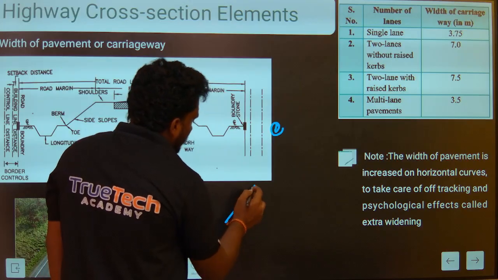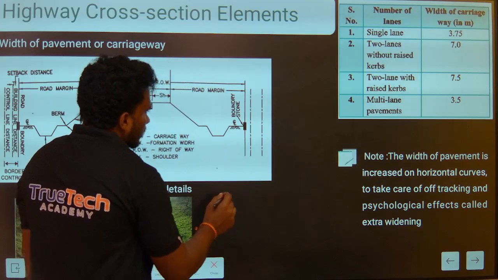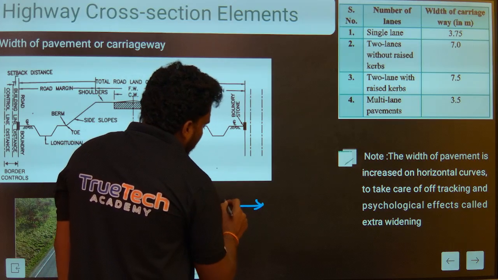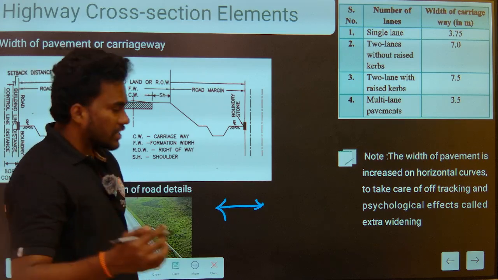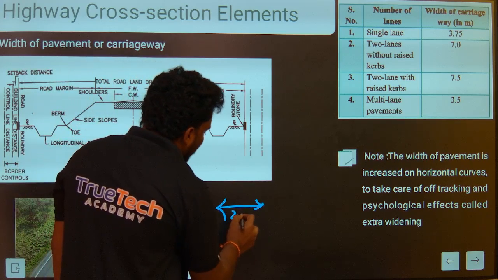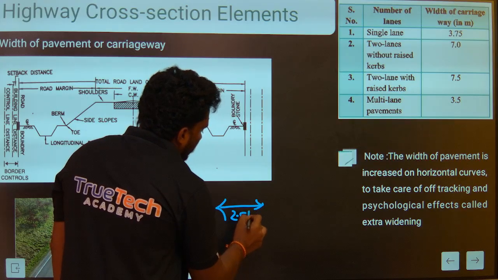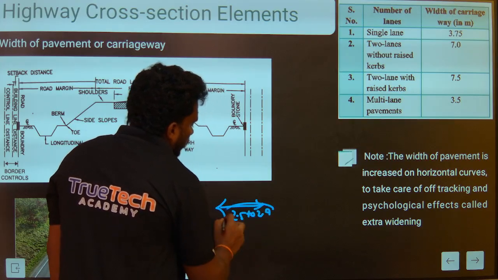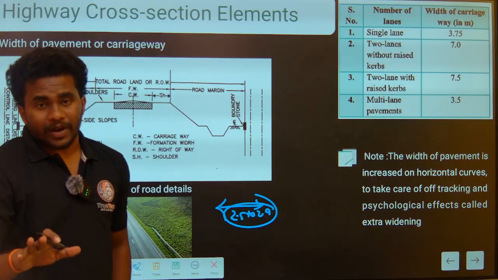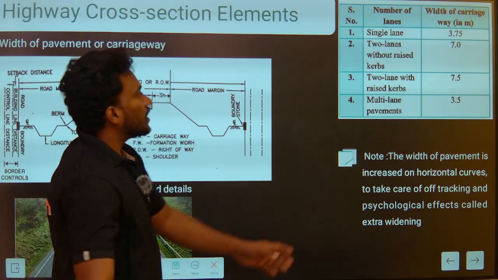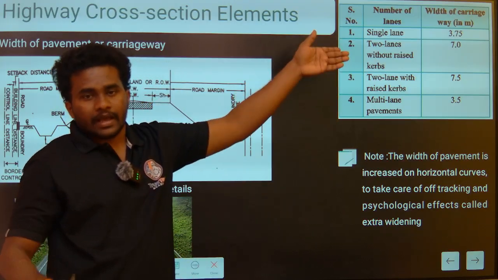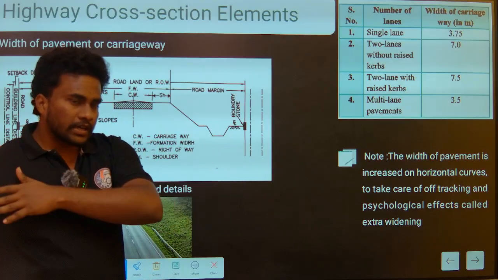Normally, as per IRC, based on some considerations, the width of vehicle is 2.5 to 2.7 meters. This is not a fixed value. Based on this, they are fixing the width of carriageway, taking some factors into account also.